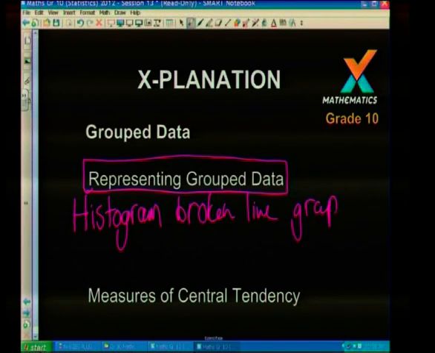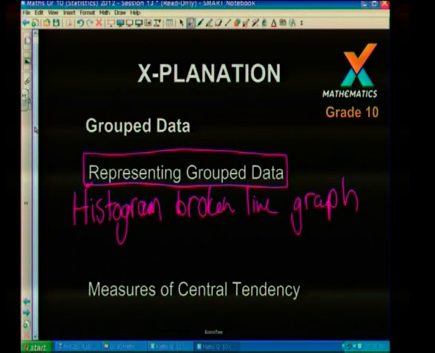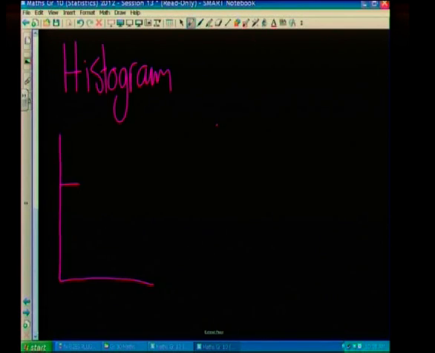a frequency polygon even. Just a quick note, boys and girls, let's quickly talk about the difference between a histogram and a bar graph. That is often a point of contention. Now, a histogram also has bars, so we'll have our classes of whatever, but the bars of a histogram touch each other.